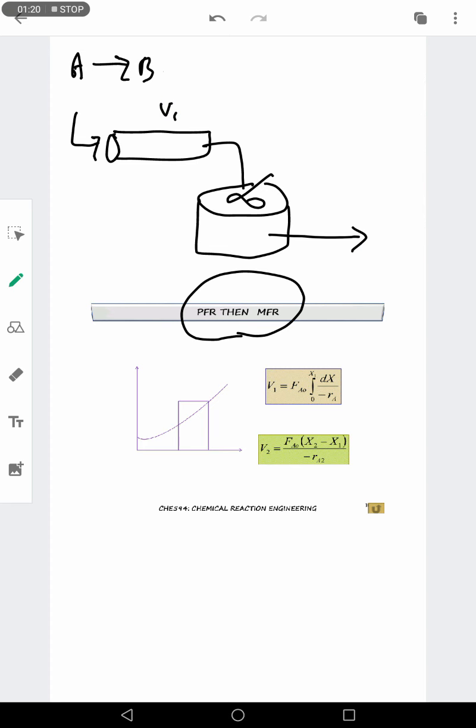Okay, V1, V2, kan. So V1 is PFR, V2 is MFR. Meaning that you really need to calculate each type of reactor.